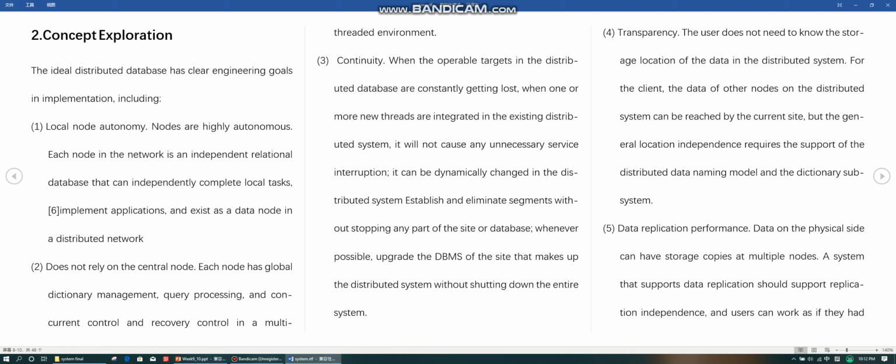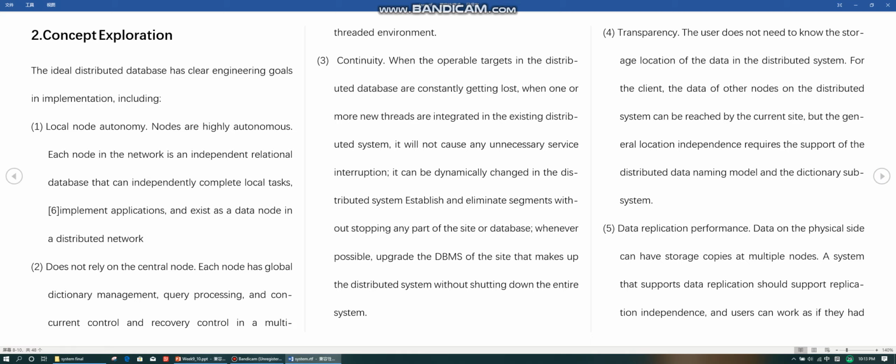Each node in the network is an independent relational database that can independently complete local tests, implement applications, and exist as a data node in a distributed network. So each node is a relatively small centralized database, so you can basically complete 90% of your work in your local database.